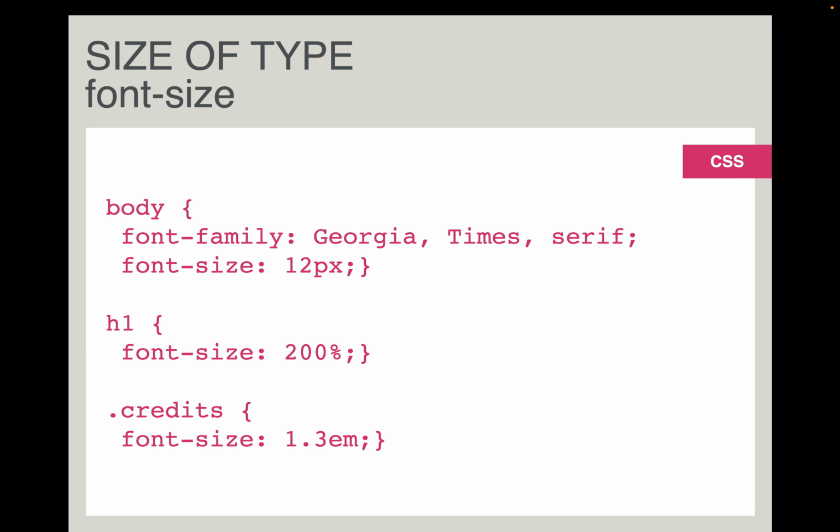How do we specify the size of the type? This one makes a lot of sense. It's font size. When we specify the size of things in CSS, there are several different units of measurement. One unit is the pixel. This is almost the most restrictive, the most precisely defined. It's very absolutely defined based on the pixel size on the screen.